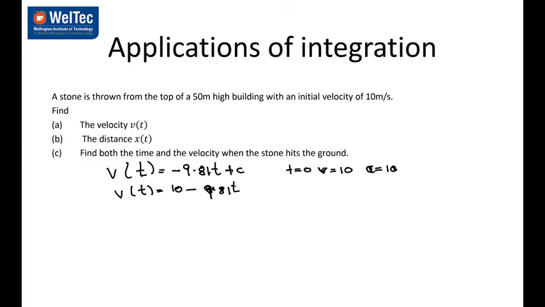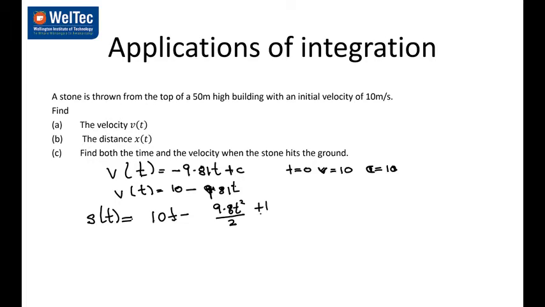Okay, part B says find the distance. The distance is the integral of that. So it's 10t minus 9.81 t squared over 2 plus your constant, let's call the constant k.